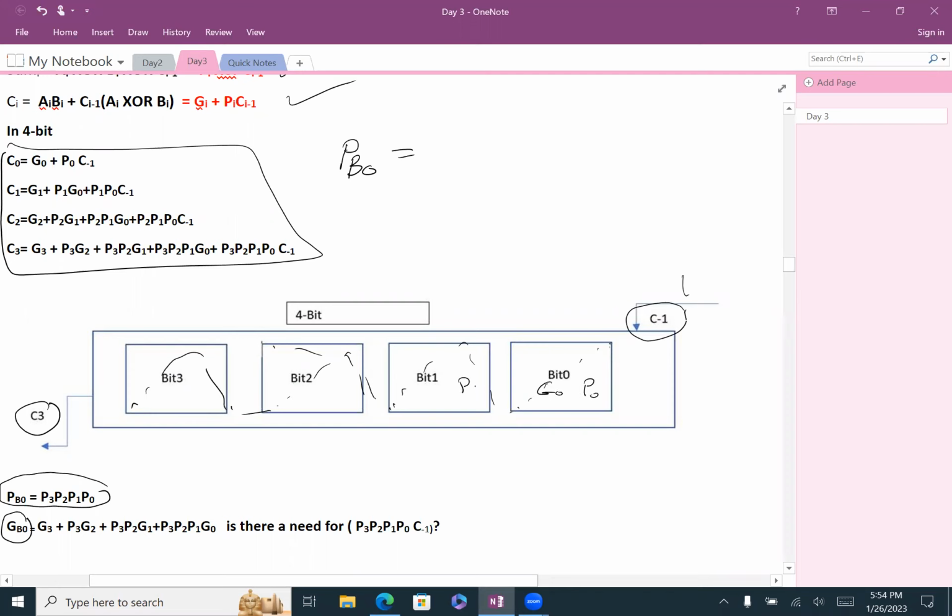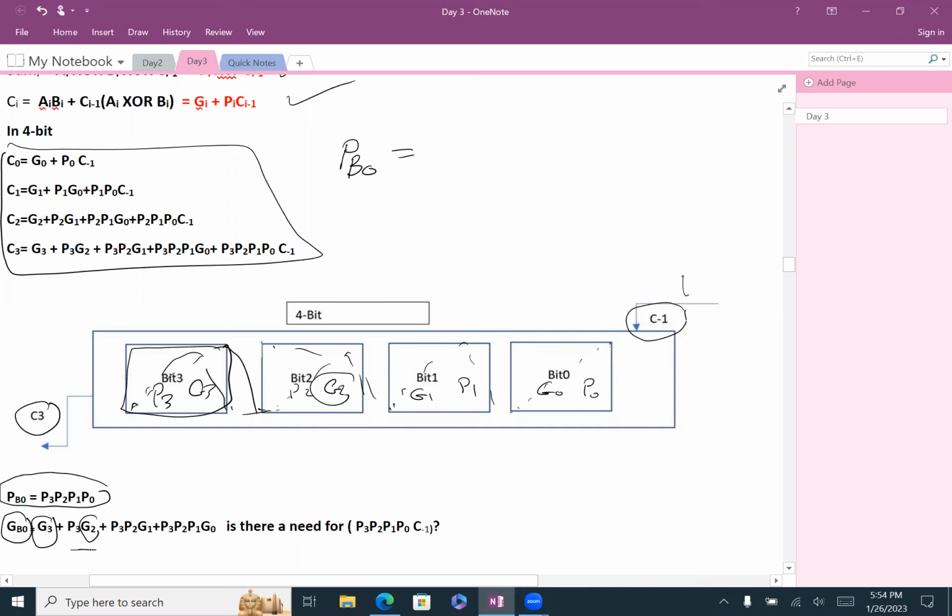And here you will have B1, G1, G2, B2, G3, and B3. So what is the condition? Either you generated in this bit, okay? So that's why you generated at G3, or you generated here, and then you pass it through B3. So that's the second condition.